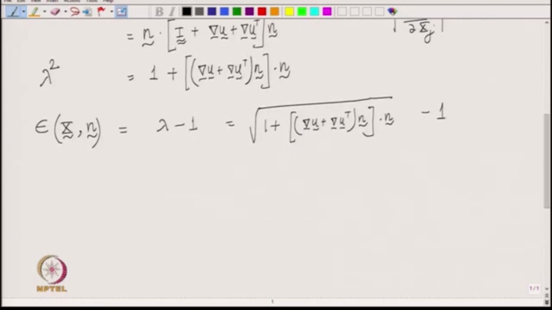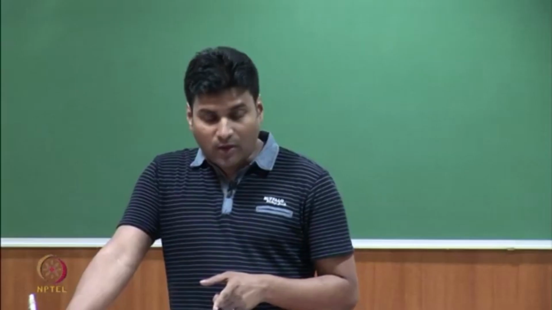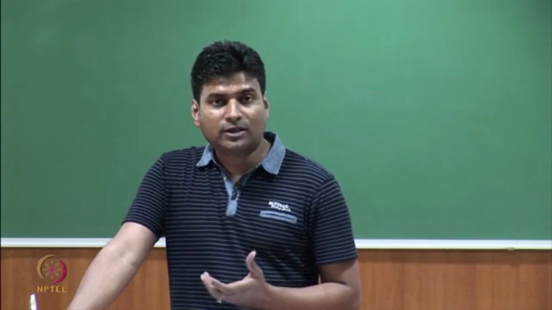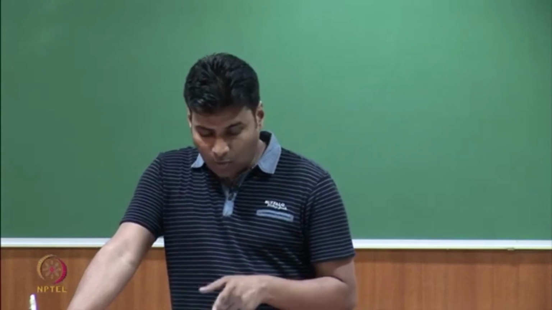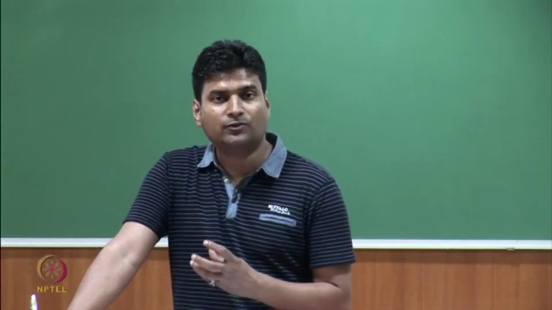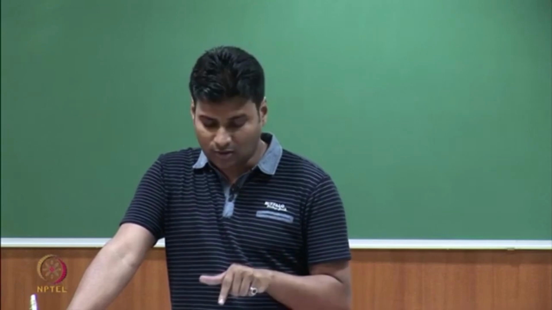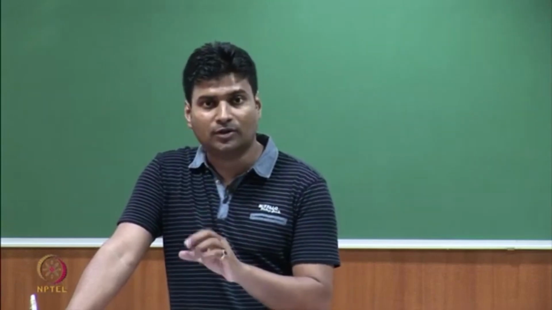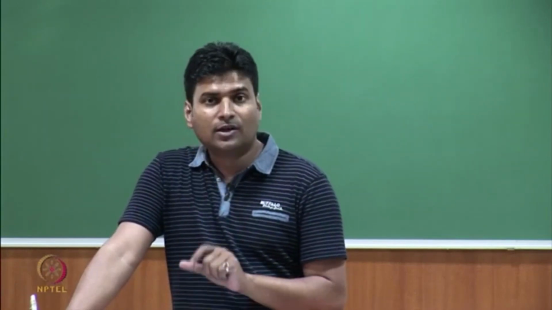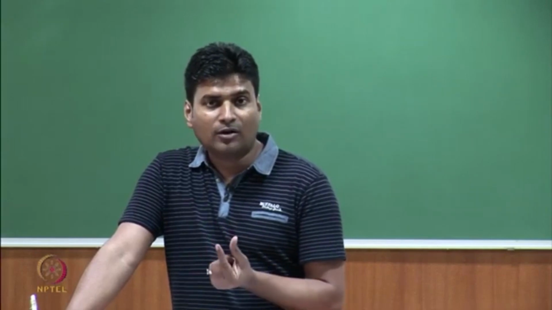And now this square root we can apply the binomial expansion formula. See, it is 1 plus something which is very, very small, because we said that the displacement gradients are small, 0.01 for example. So, you have 1 plus 0.01. So, this is very small.